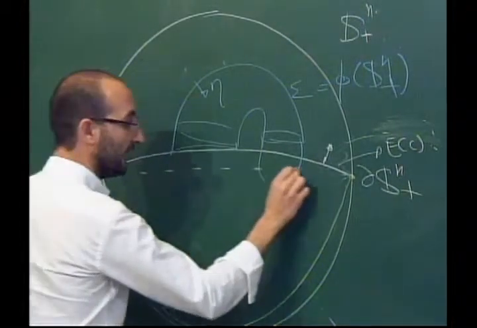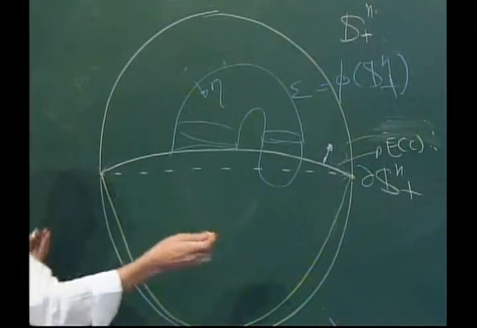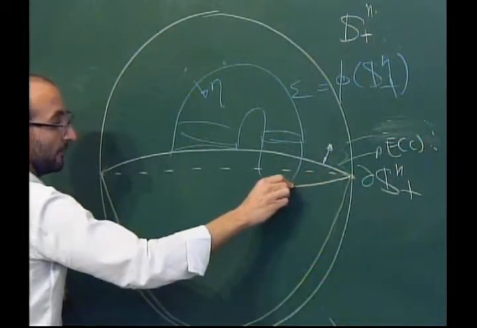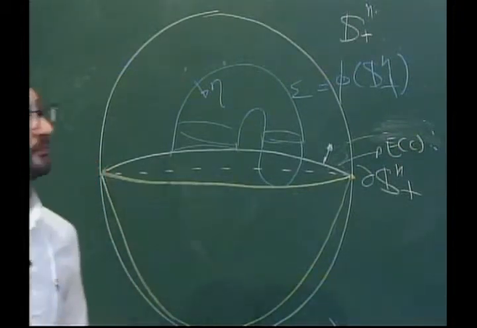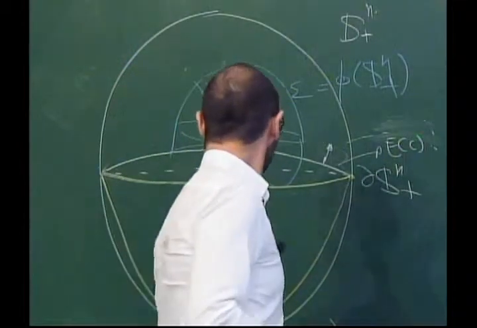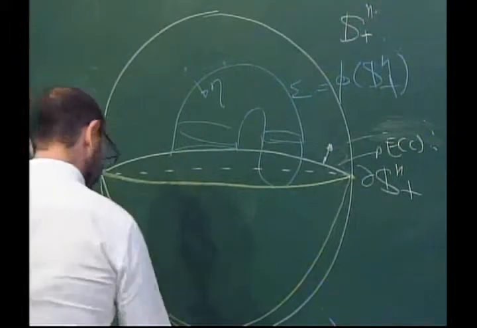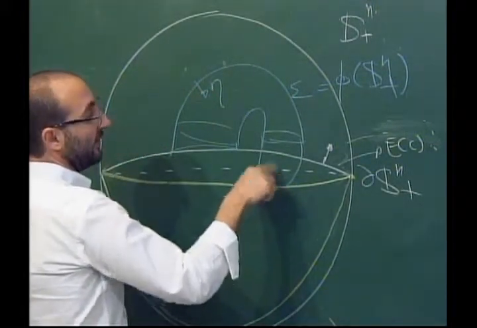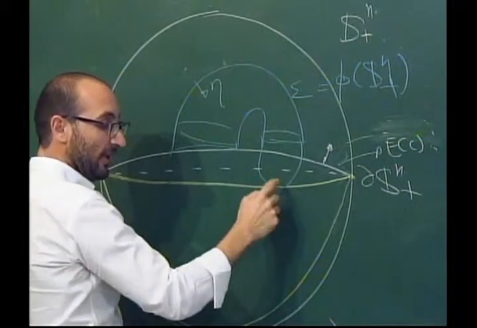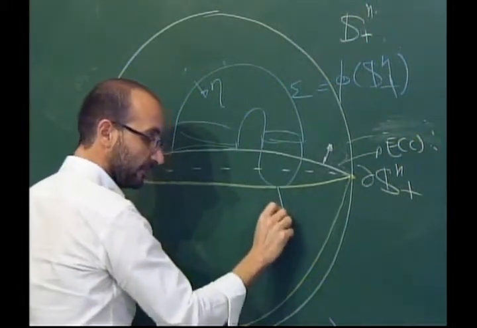Here is my totally geodesic one. So I'm going to find a first contact point, say here. And now the claim is that the normal at this point has to point in this direction.